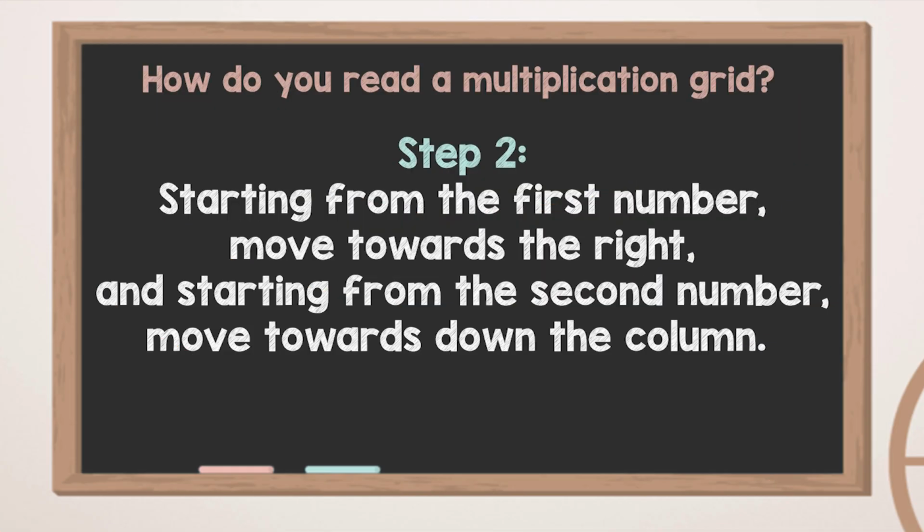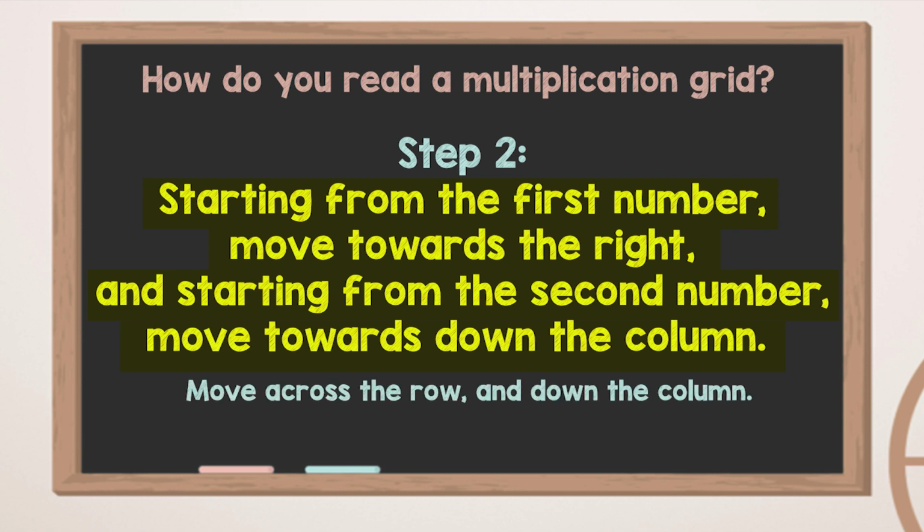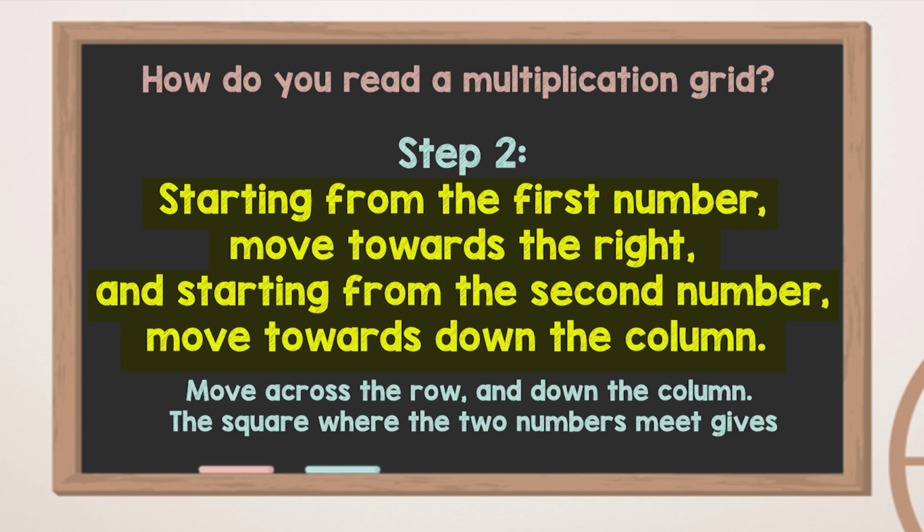Next step, we start from the first number and move towards the right. And starting from the second number, we move down the column. We move across the row and down the column, and the square where the two numbers meet gives the product.